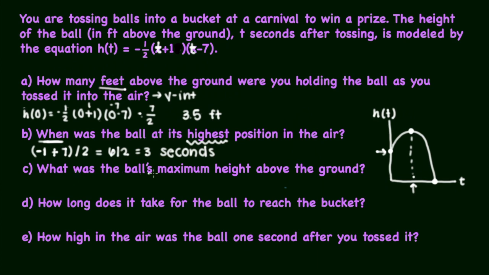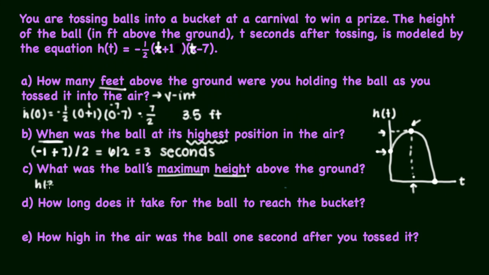Now, what was the ball's maximum height above the ground? So this is asking about the height and the maximum height. So we're looking at the vertex, the y value of the vertex. We simply plug in the x value back into the equation to get the y value.